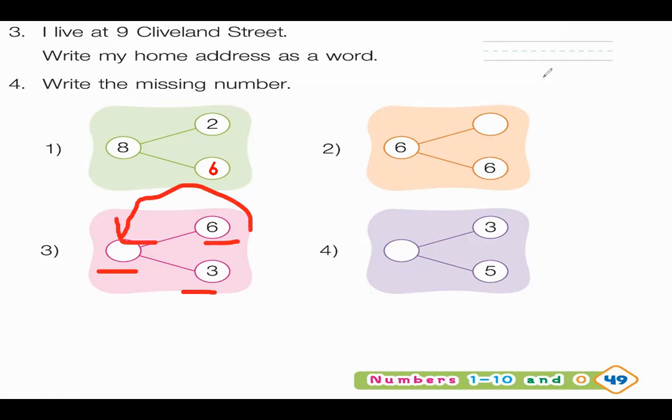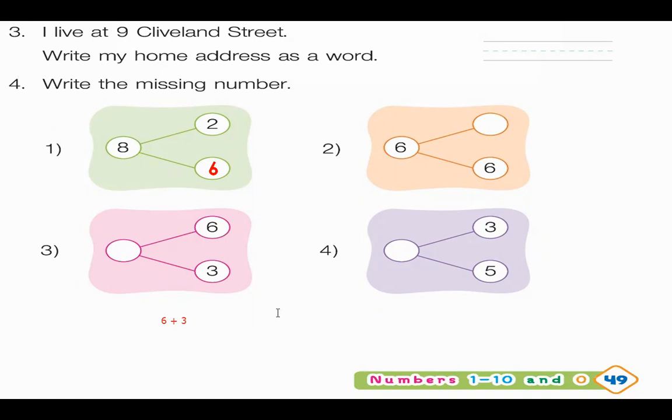Let's say 6 plus 3: 6, 7, 8, 9. How much is the result? It's 9.